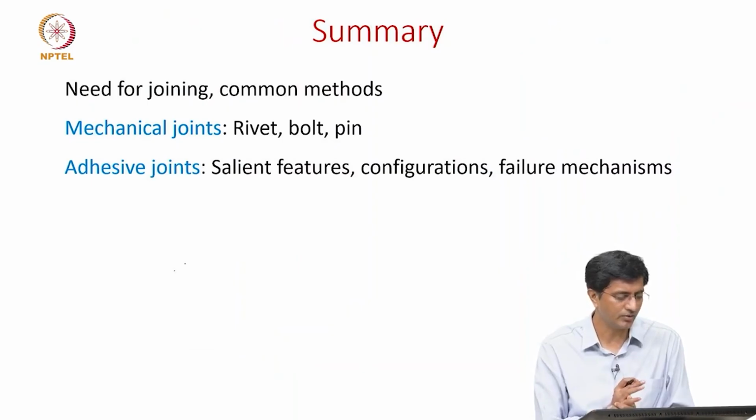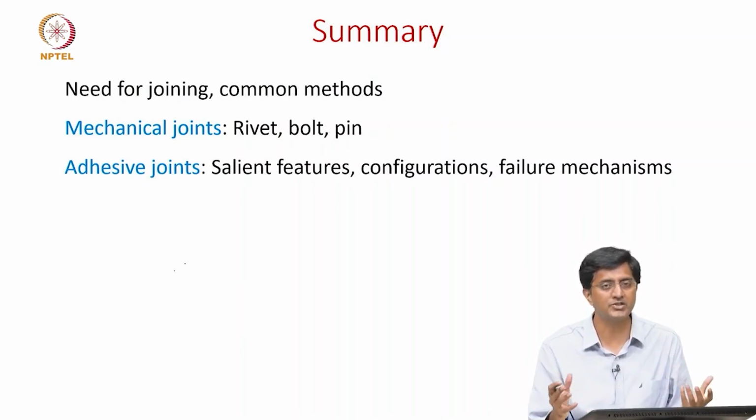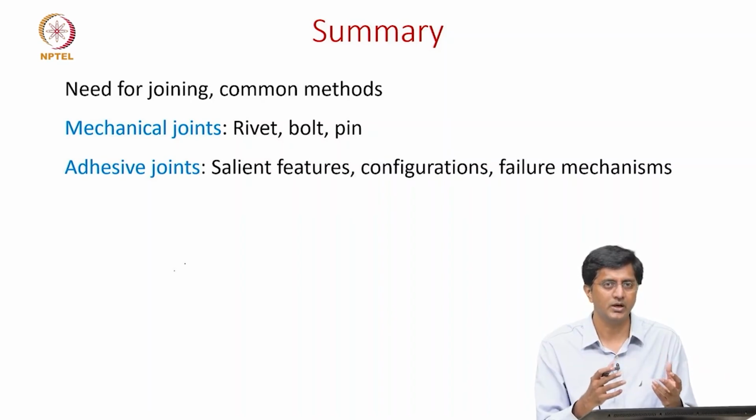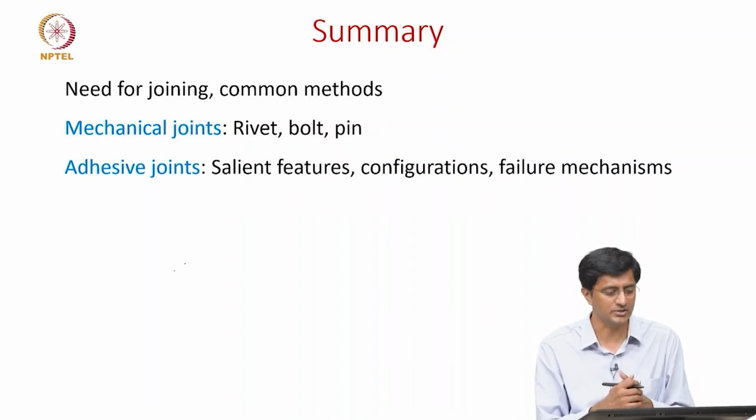We have looked at why we are interested in this joining, because as we know, once we are building up a big structure, it needs to be built as several subcomponents and they need to be assembled. And during this assembly, we use different joining methods like the mechanical joints, adhesive joints, hybrid joints, and a few other joints which we discussed.